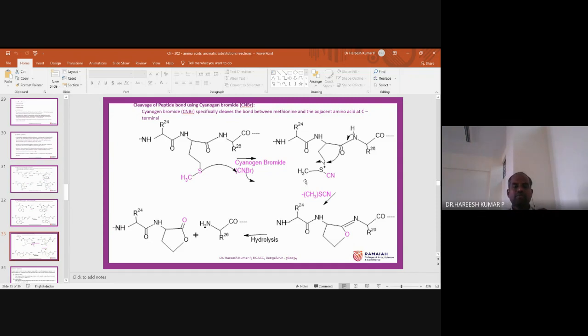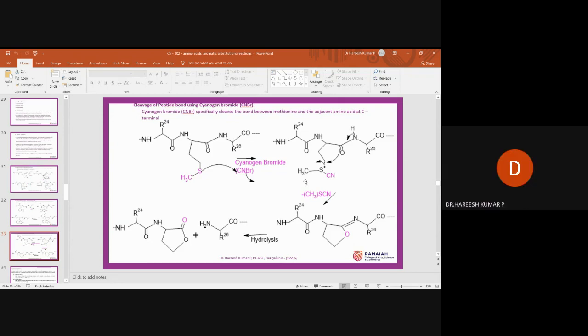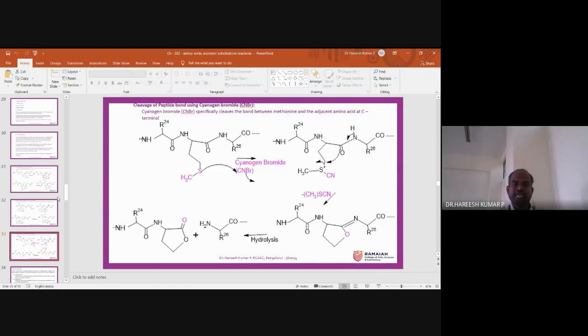In order to overcome this, a special method was introduced to cleave a peptide bond, that is the hypobromide method, HOBr method. The HOBr method specifically cleaves the peptide bond between the tyrosine amino acid and the adjacent amino acid. NBS cleaves the peptide bond between tryptophan and the adjacent amino acid. Cyanogen bromide cleaves the peptide bond between methionine and the adjacent amino acid. By these methods, one can cleave the peptide bond.